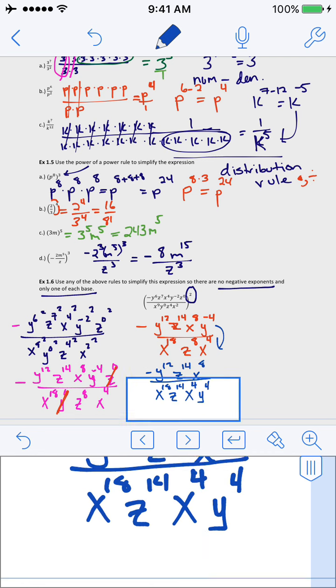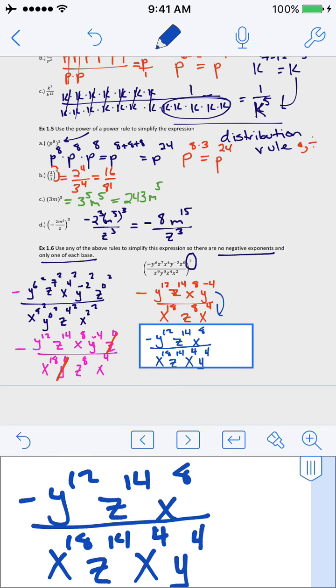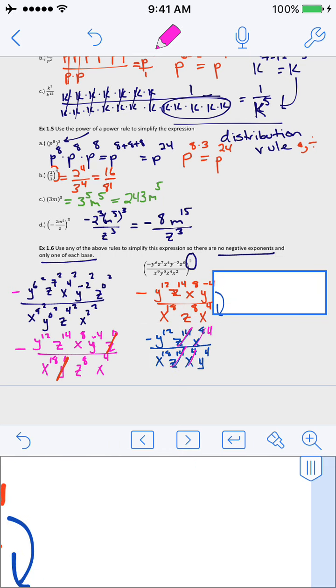Now I can apply some quotient rule and cancel some stuff. The z's to the 14th are going to cancel out, and I'm left with none, which is awesome. If I have 8 x's on the top and 4 on the bottom, I'm left with 4 on the top, so x to the 4th.